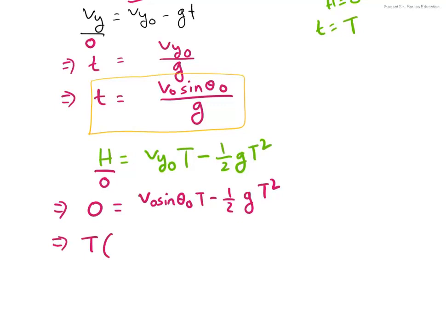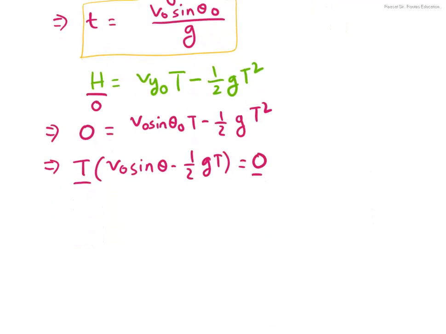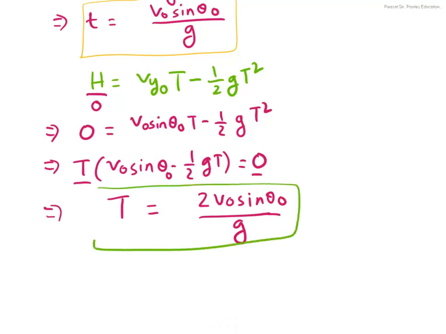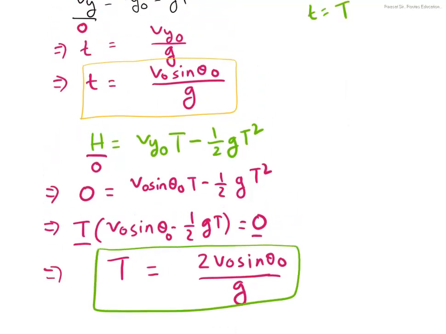We take t common and get t times (V naught sine theta naught minus half g t) equals 0. We cancel this t because we know one solution is t equals 0. Then we get the time period as 2 V naught sine theta naught by g. This is our time of flight.